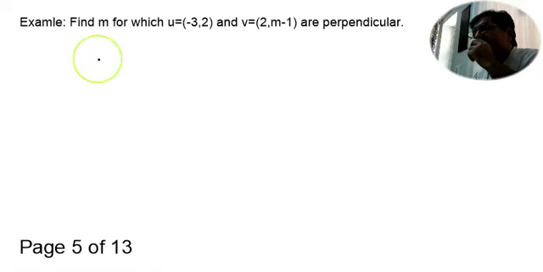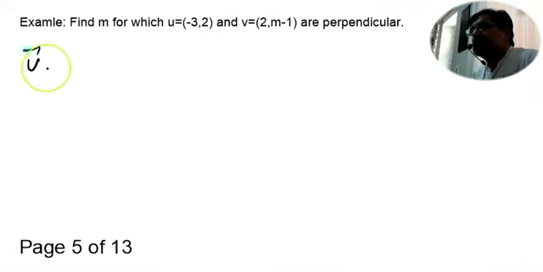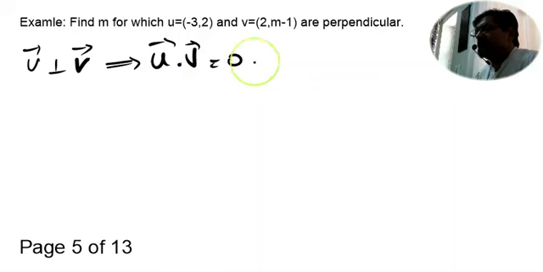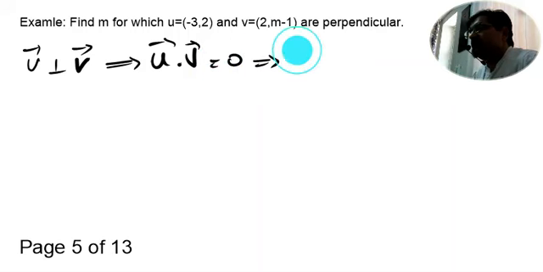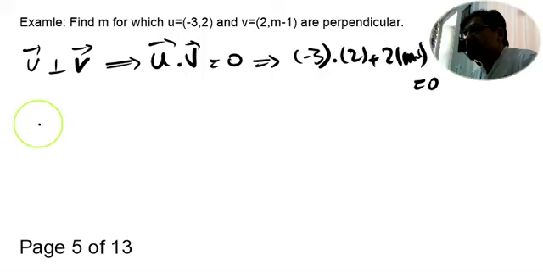Next example. Find m for which U and V are perpendicular. Since U and V are perpendicular, U dot V must be 0. Okay, so minus 3 multiply 2 plus 2 times (m minus 1) must be 0.